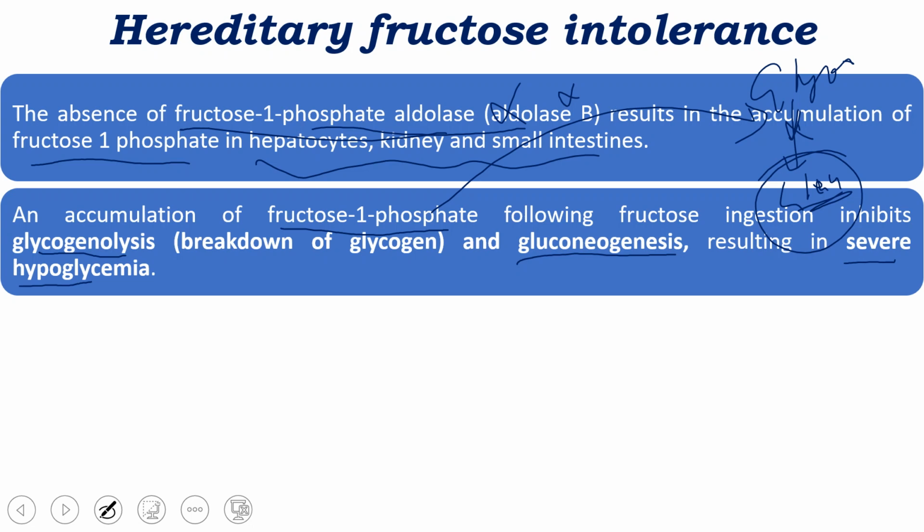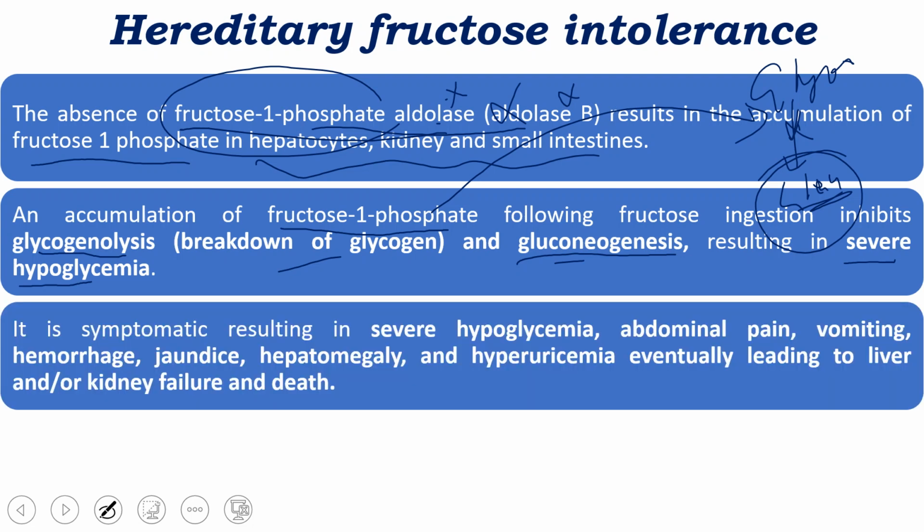Someone may ask you how hereditary fructose intolerance leads to hypoglycemia. This is the reason. In this case, aldolase B deficiency will be there. This deficiency will increase the fructose 1-phosphate, which inhibits these two processes, and ultimately glucose synthesis will not take place.